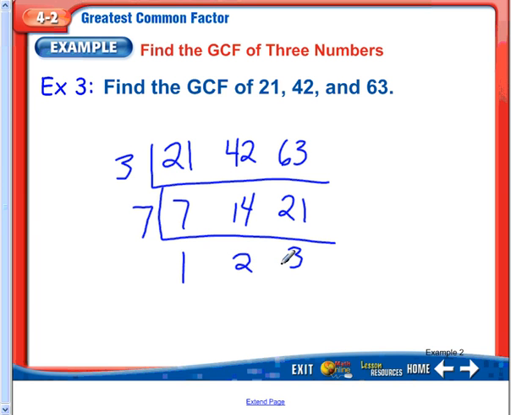Since all three numbers are prime at the bottom, and I can't go any further, I need to multiply the numbers on the left-hand side of my L method together to find my greatest common factor. 3 times 7 is 21.